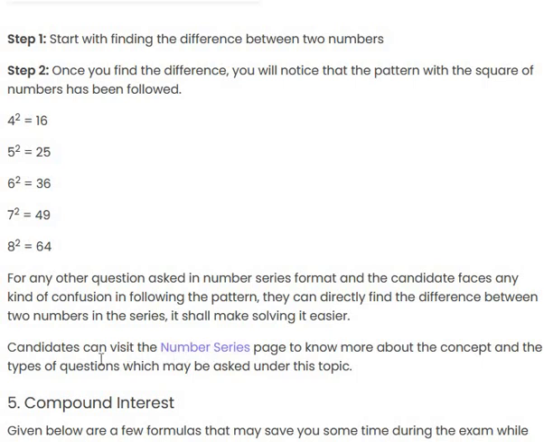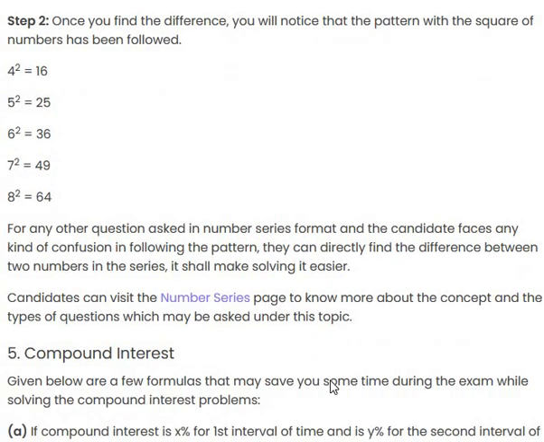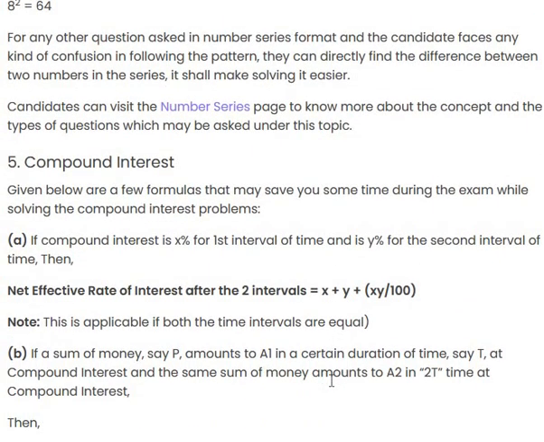Candidates can visit number series pages to know more about the concept and types of questions which may be asked under this topic. Question 5, compound interest. Given below are a few mathematical formulas that may save you some time during the exam while solving compound interest problems.